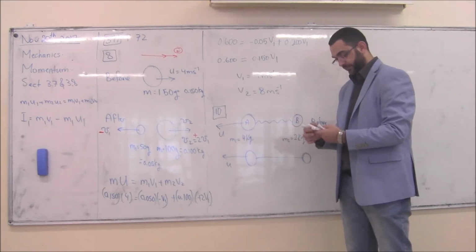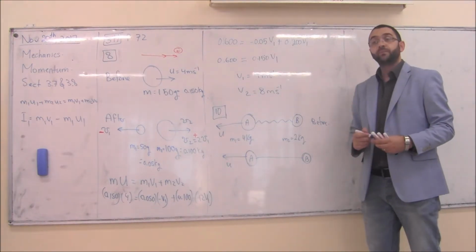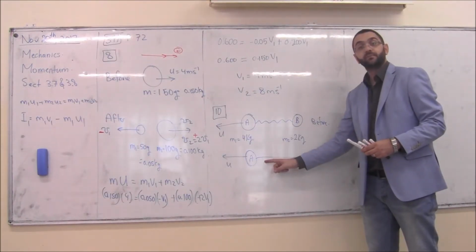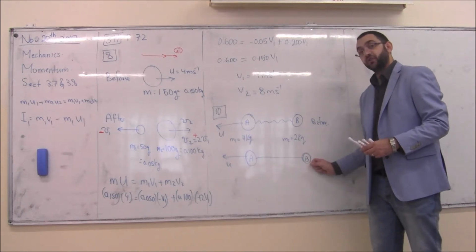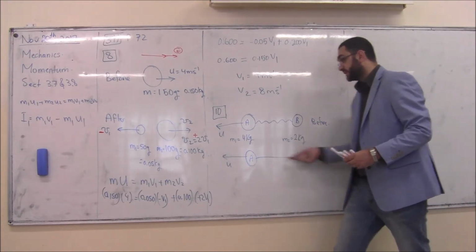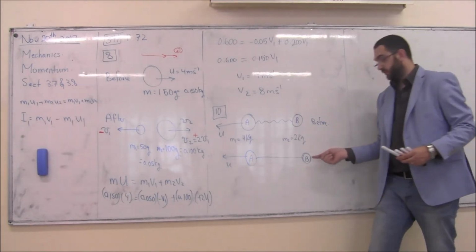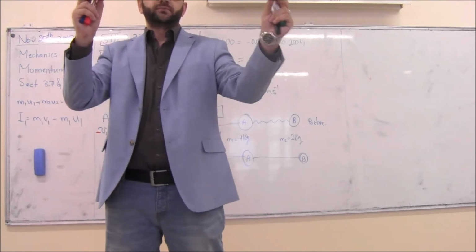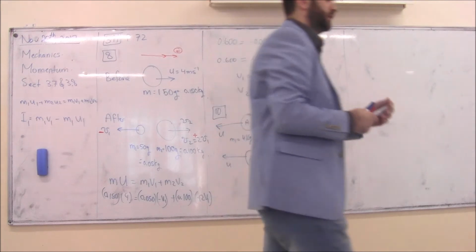A on B. A is pulling B in this direction, so the impulse is this way. Actually, the impulse is in the opposite direction. Let me explain this. Look, please.